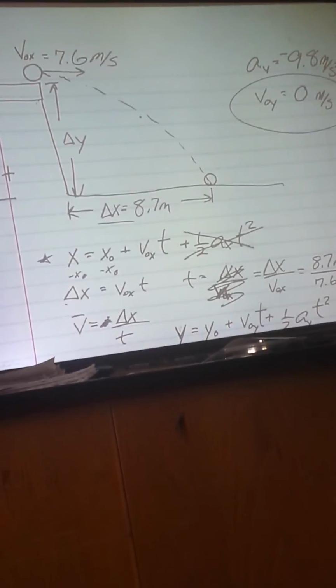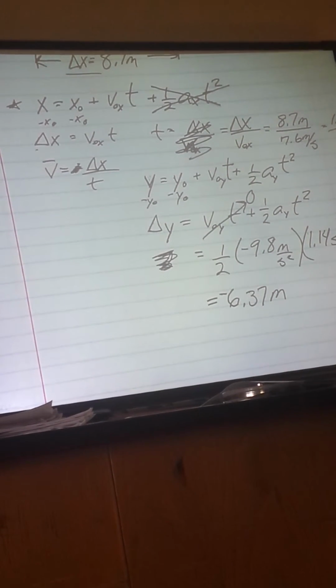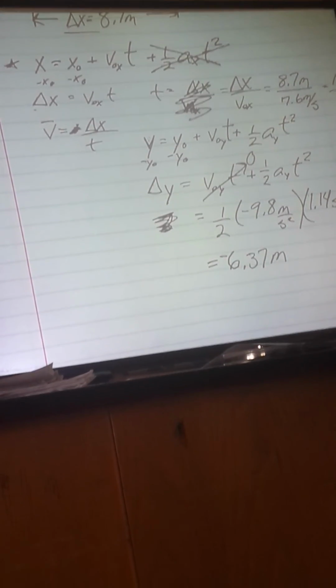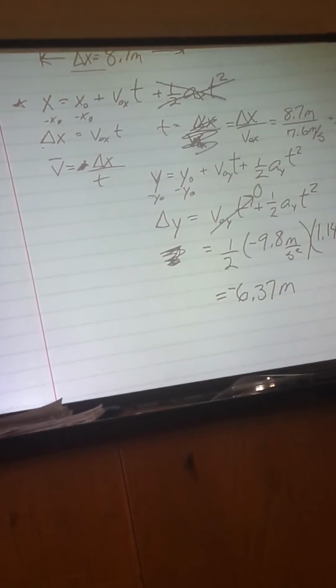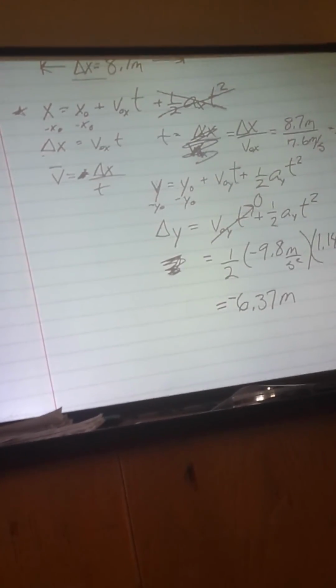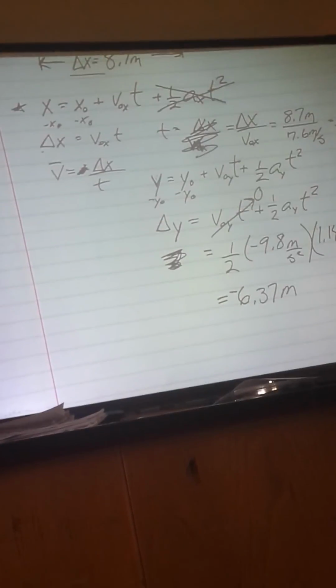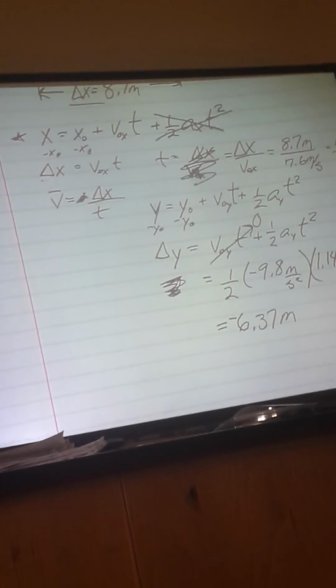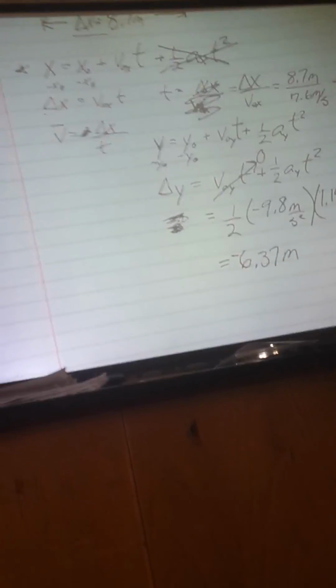So if you were to answer the question that they asked, how tall is the platform, and they gave you a multiple choice, would you pick positive 6.37 or negative 6.37? Positive 6.37. Why? Because I think of tall as being from 0 to however high it is.